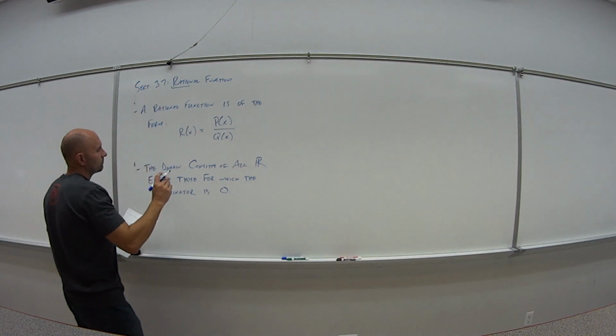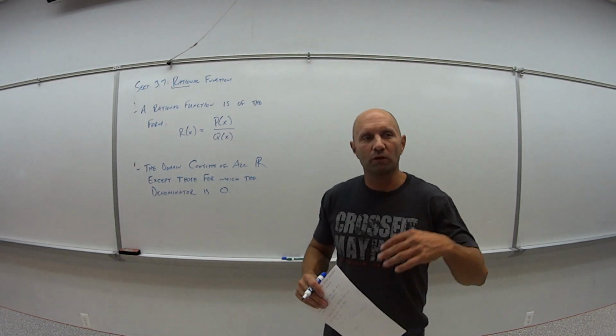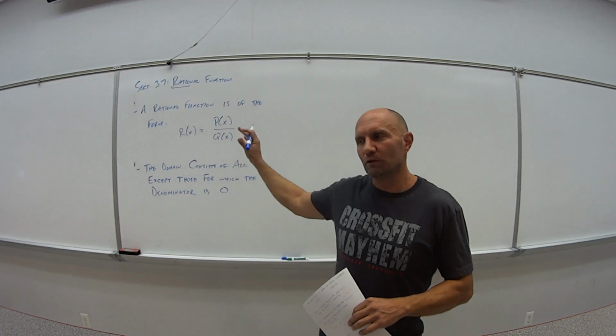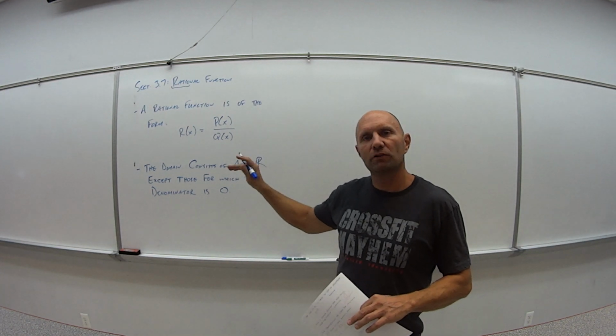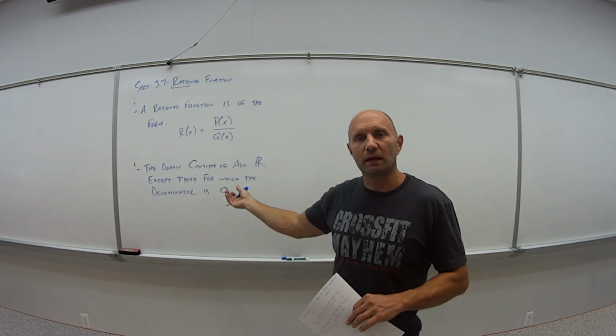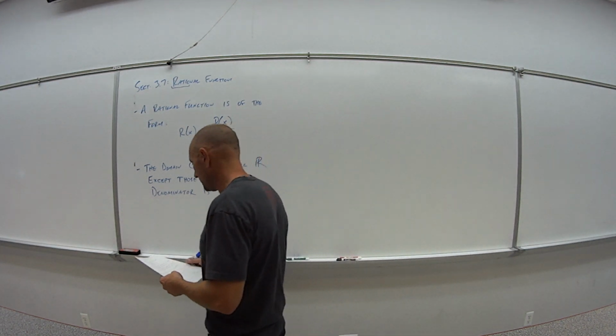And so the thing we need to be concerned with, so when we were talking about domains before, it was always what? Do we have a radical? Do we have a denominator? Because we're dealing with polynomials, we don't have a radical in the numerator. So our biggest concern is what value of the polynomial in the denominator is going to make that rational function undefined.